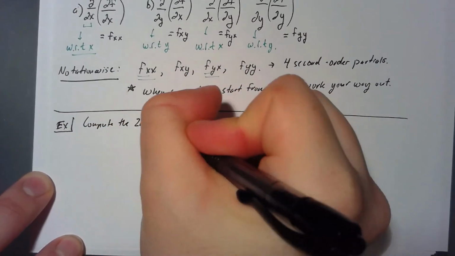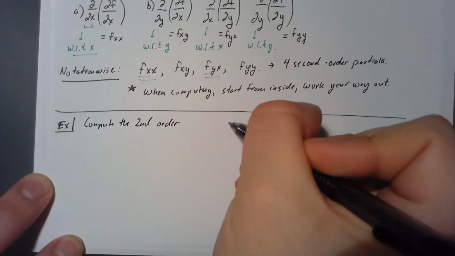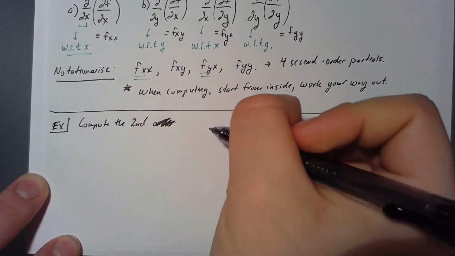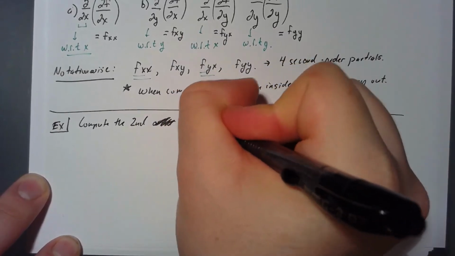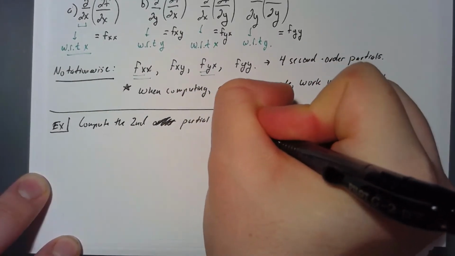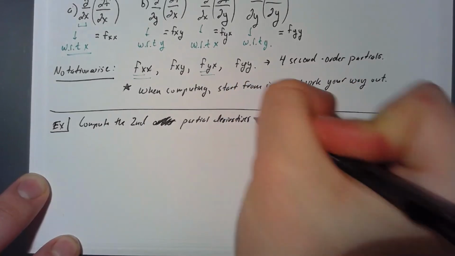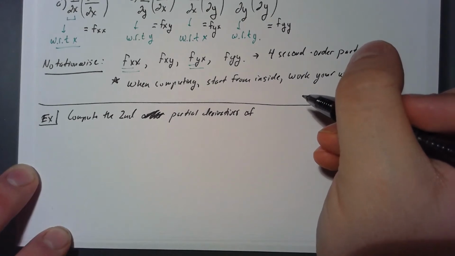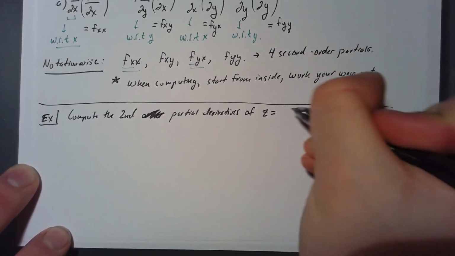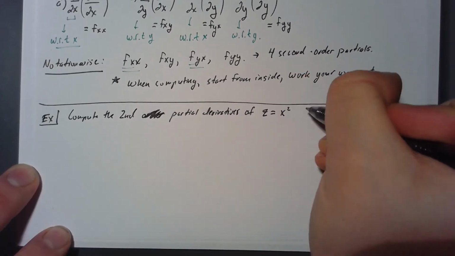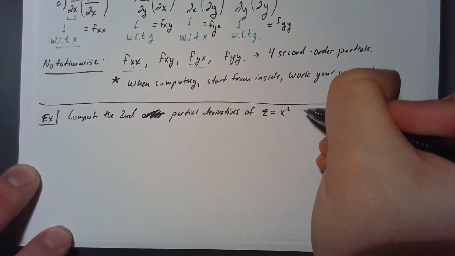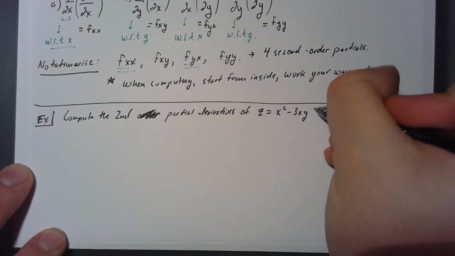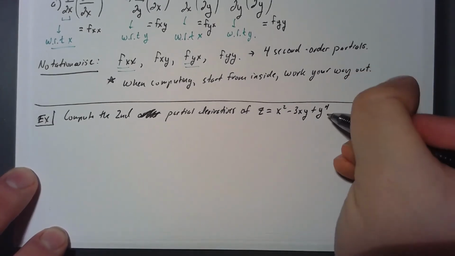Compute the second, well, I don't want to say order, sorry. Compute the second partial derivatives of z equals x squared minus 3xy plus y to the fourth.